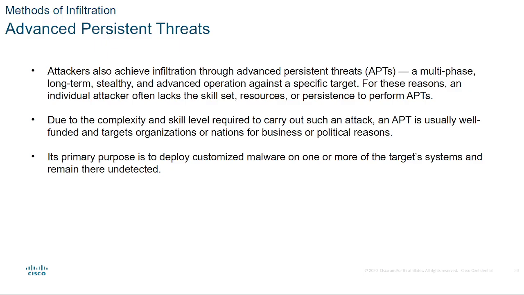Due to the complexity and skill level required, an APT attacker is usually well funded and targets organizations or nations for business or political reasons. Its primary purpose is to deploy customized malware on one or more of the target's systems and remain undetected.